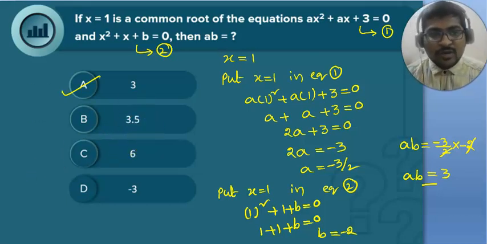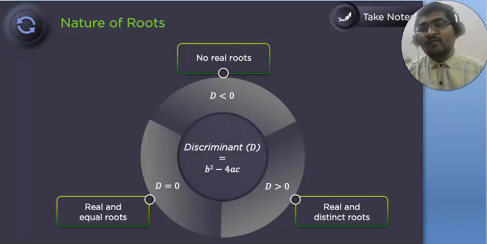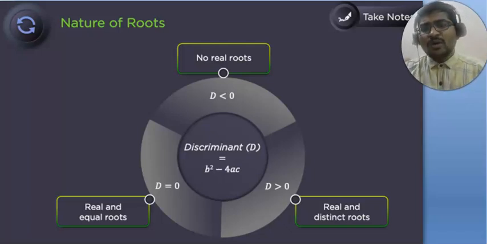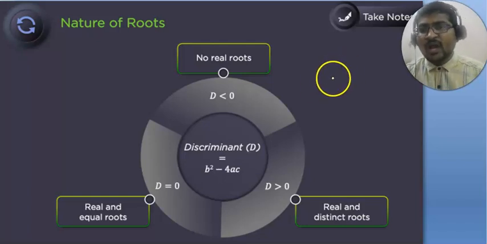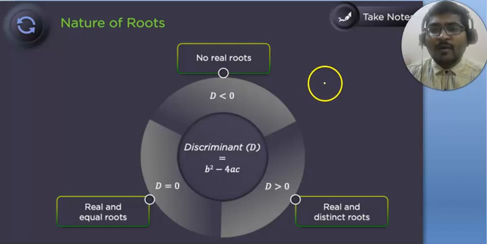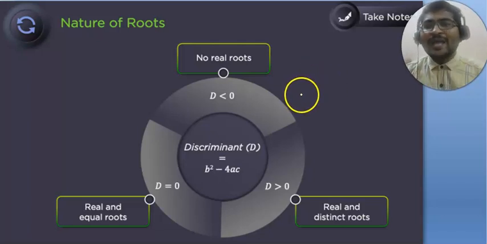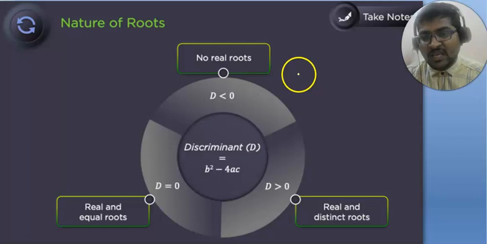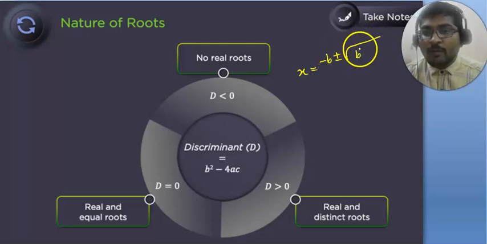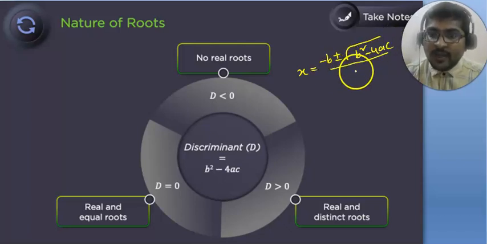Okay, students, let us discuss some more information related to quadratic equations. So look at here, students. All of you know, with the help of one formula, it is easy to calculate roots of a quadratic equation, right? So x is equal to minus b plus or minus the square root of b square minus 4ac, divided by 2a.